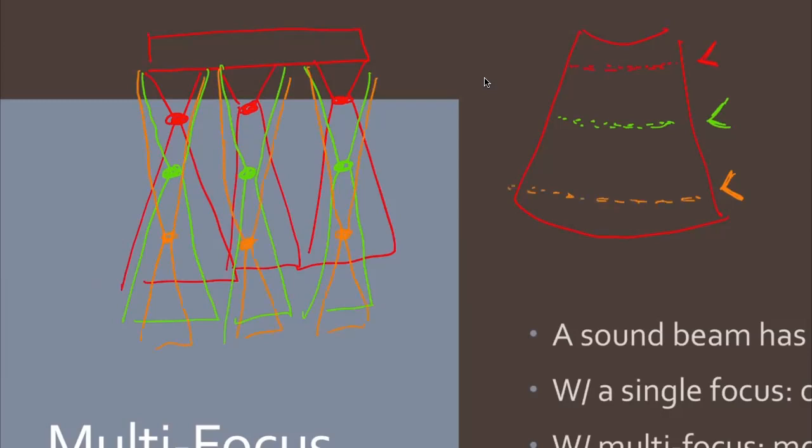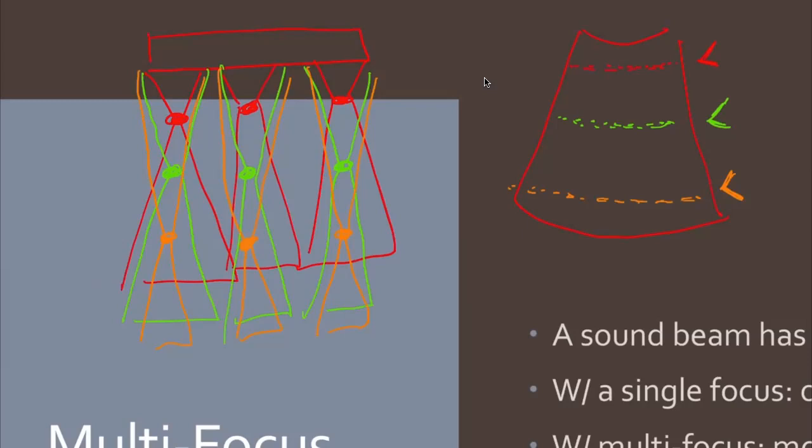What ends up happening is one pulse can only have one focus. But for multi-focus to be accomplished, multiple pulses are sent out, or transmitted, down each scan line. Each scan line is like each path, basically. So multiple pulses are sent down each path, and each pulse has a different depth of focus.